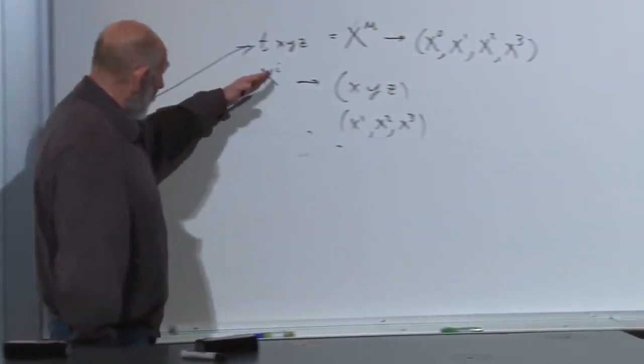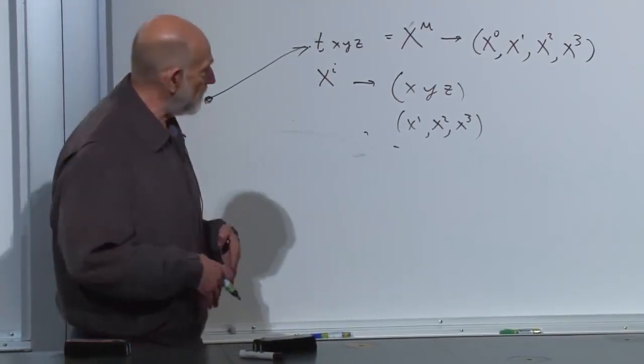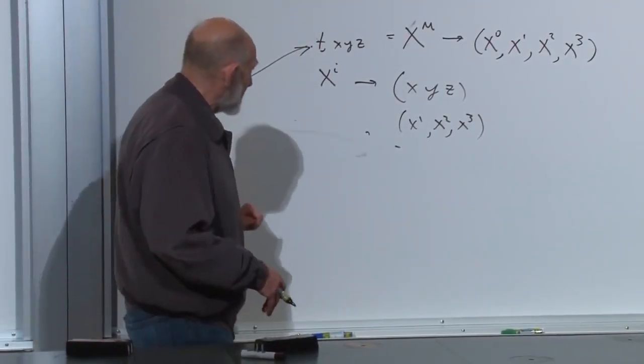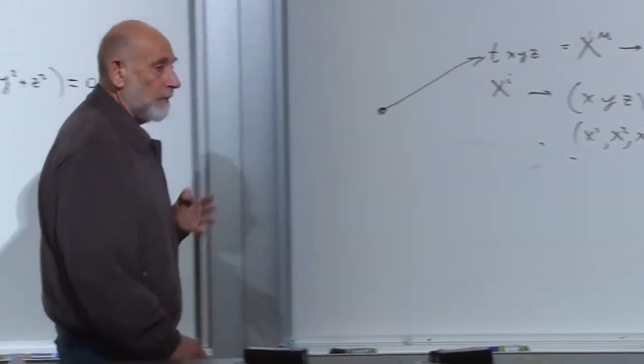Just as xi can be thought of as a very basic version of a vector in space, x mu with 4 components becomes the notion of a 4-vector.